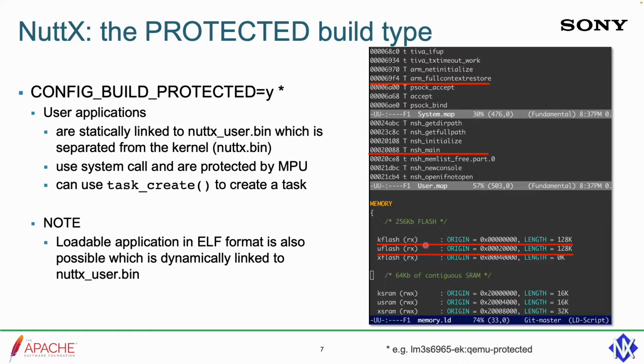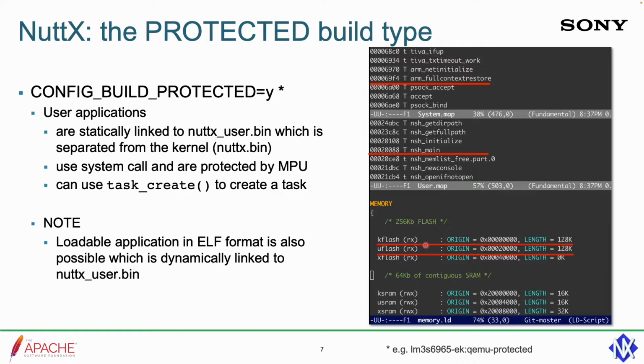This slide shows an example of a protected build type. In this case, user applications are statically linked to the NuttX user.bin, which is separated from the kernel. Also, applications use system calls and are protected by MPU.